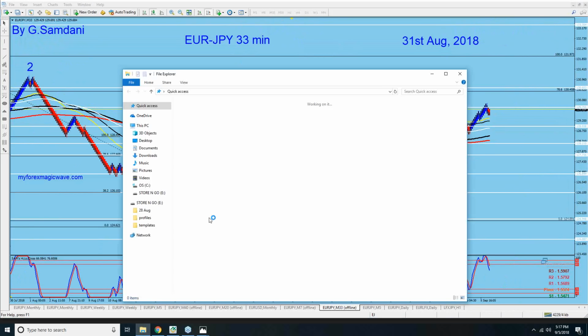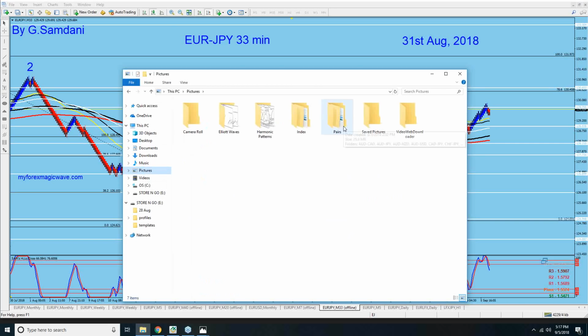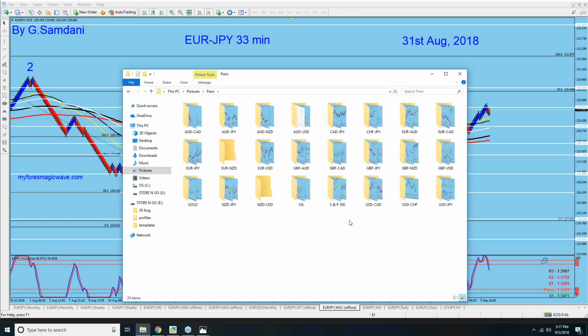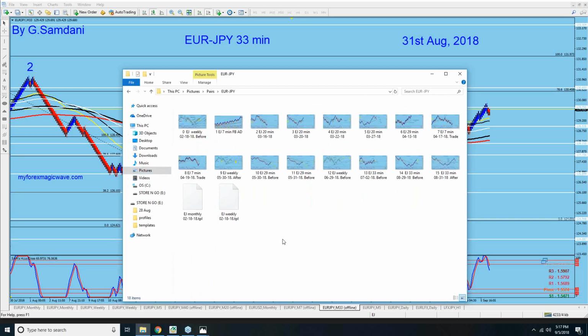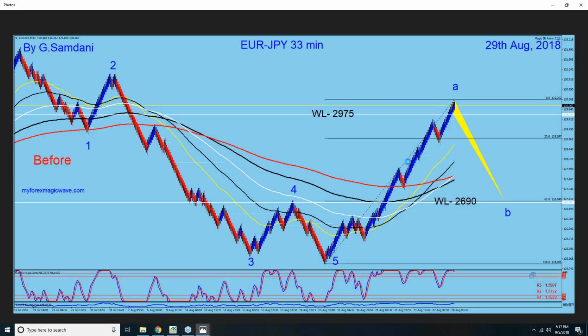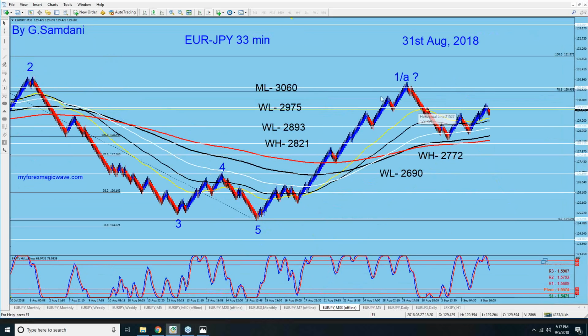Okay. So let me see if I can show you the old chart there. I don't know if it's here or in the other computer, but it should be here too. You see that? I had the chart that is going to drop from, this is A, it is going to drop here somewhere, and this is what it's doing.